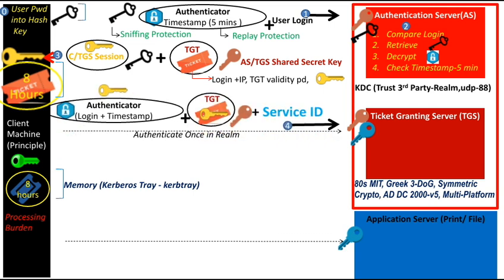Now what happens next is that the client again encrypts another authenticator by using its session key, which is still not known to the TGS, because this session key is encrypted inside the TGT by using the shared secret key which is known to the authentication server and the ticket granting server. Moreover, the client also replays the same ticket granting ticket, the first ticket, in encrypted form, since the client has no mechanism to decrypt this information.